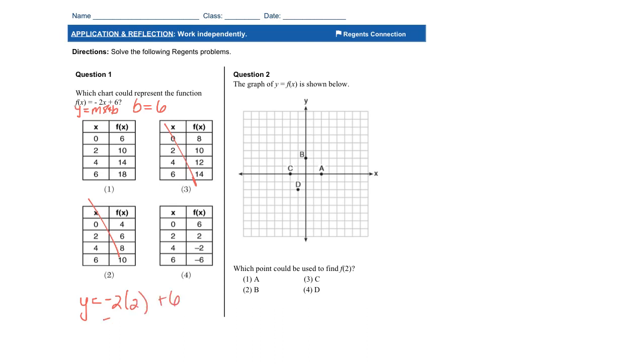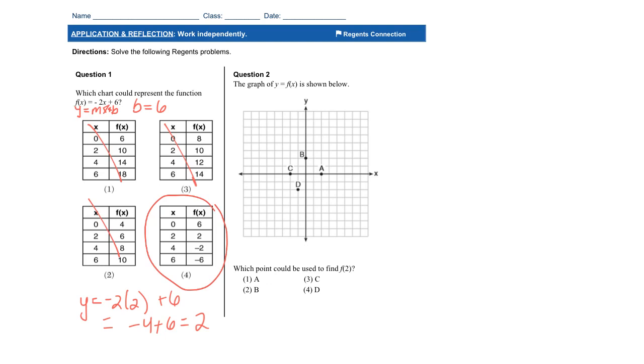Well, that is -4 plus 6, or 2. So when x is 2, y should also be 2. So 1 is not the answer, but number 4 definitely is. When x is 2, y is 2. So number 4 is it.